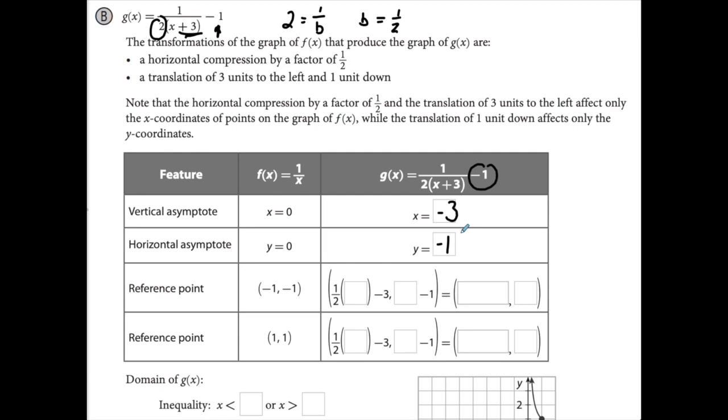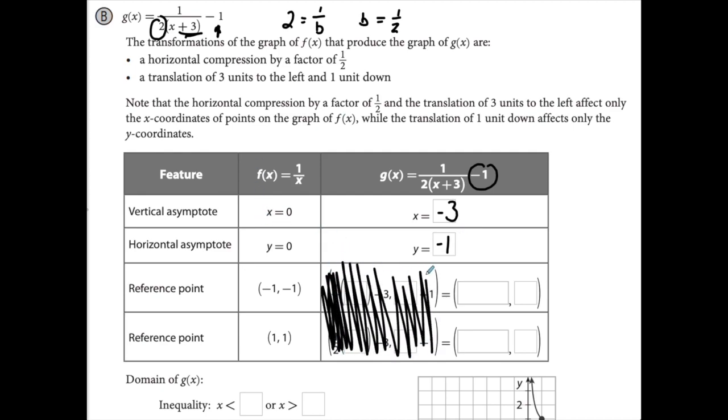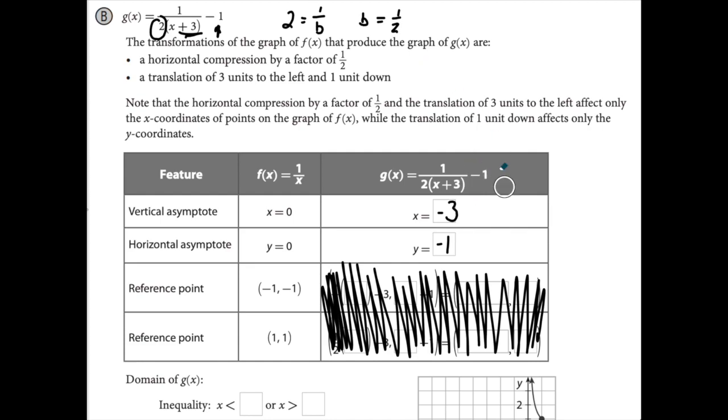All right, reference points. Look, this is a bunch. Forget this, forget this, it's stressful. Let's look at the function. I want to make this denominator a really nice and easy denominator. I want this to be equal to 1 or -1. So how could I make it equal to 1?